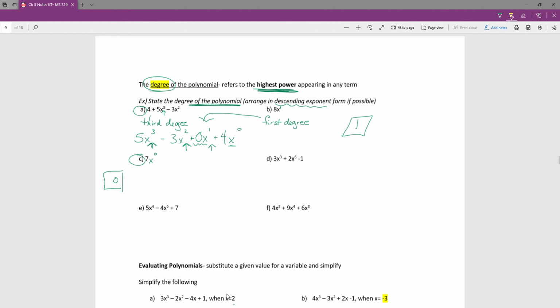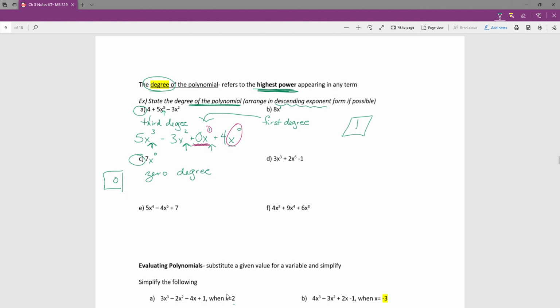So there definitely are some invisible things here. This 1 is invisible and all of that is invisible, as is this whole term. It's missing. And so that would make this example here to the 0 degree. And again, you can't write it in descending order because it's only one term.